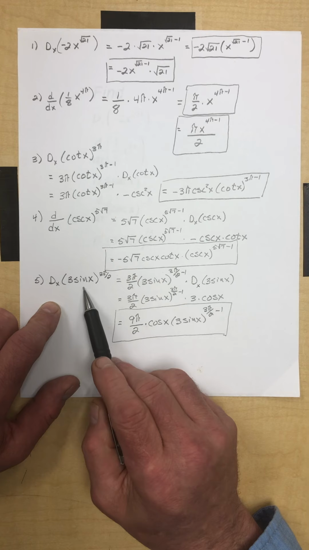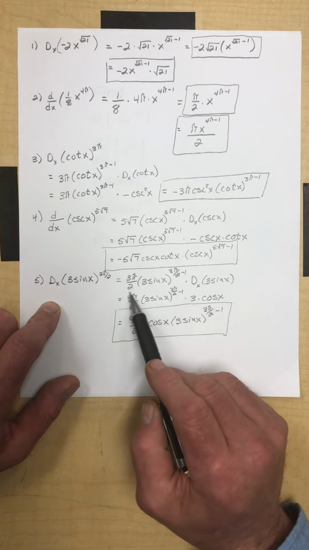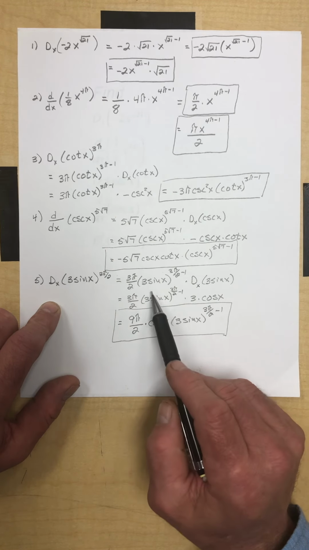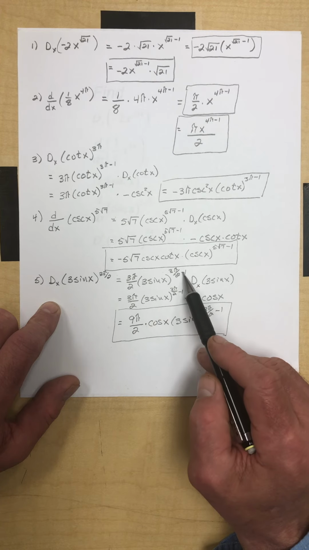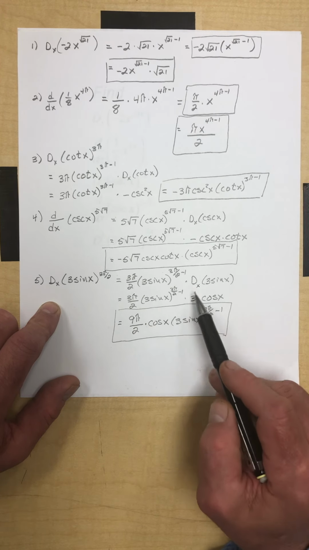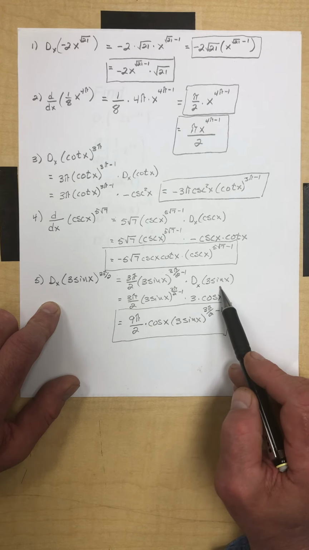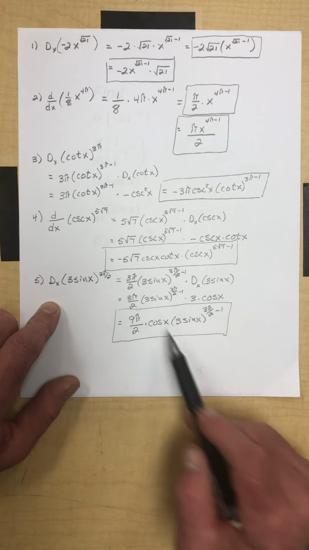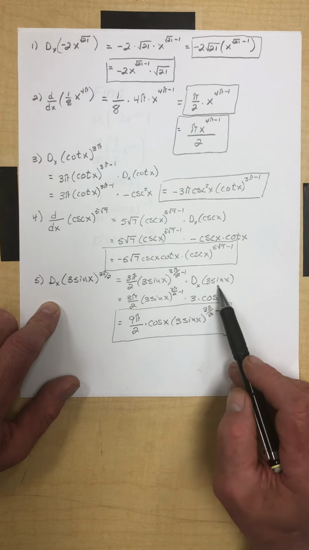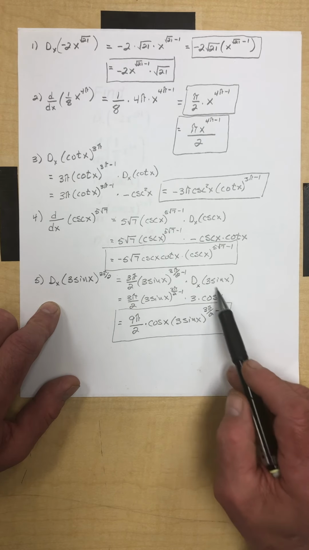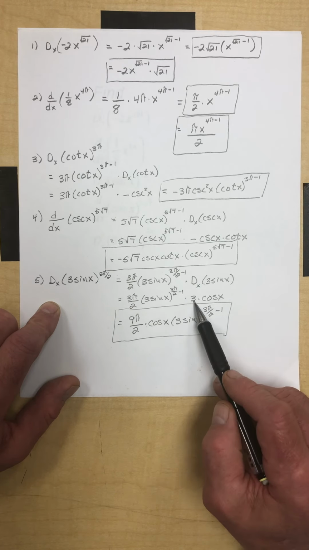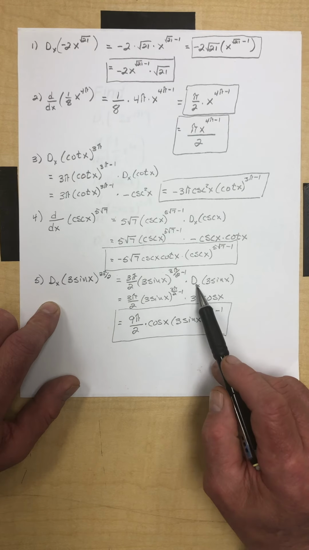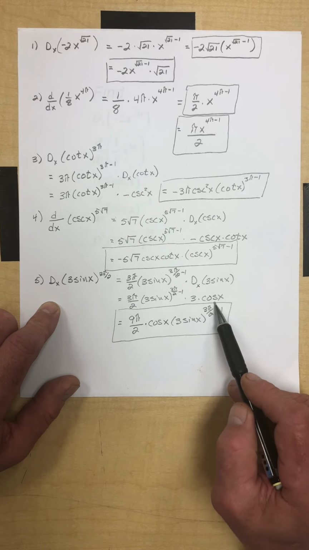If I let this 3 sine of x be my u, I get 3 pi over 2 times u to the power of 3 pi over 2 minus 1 times the derivative of u. So this part of it is pretty much finished. Then when I take the derivative of 3 sine of x, obviously 3 is a constant multiplier, so that just goes out front, and I take the derivative of sine and we get cosine.